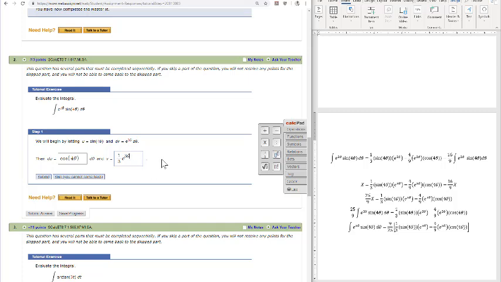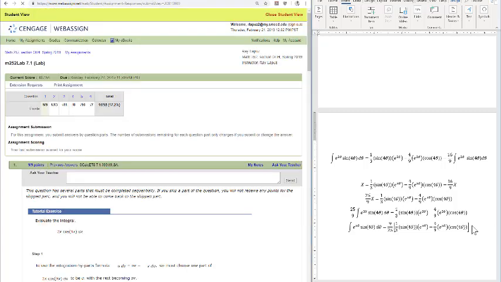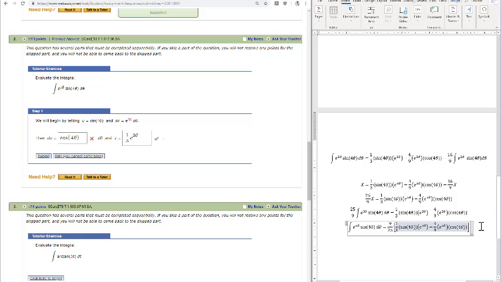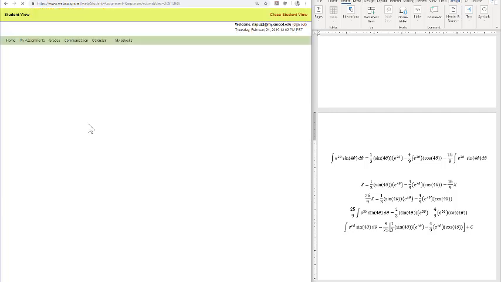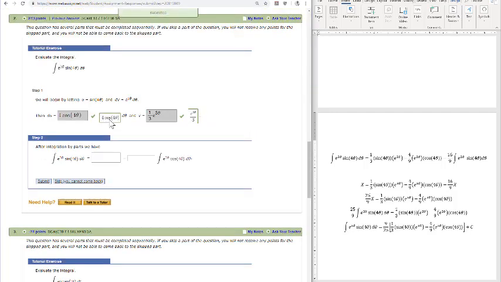We won't do the plus C here; let's just throw it at the end, and that's usually good enough. Oh, we forgot our 4 here, because of the chain rule, the derivative of sine 4 theta is going to be cosine 4 theta times 4.